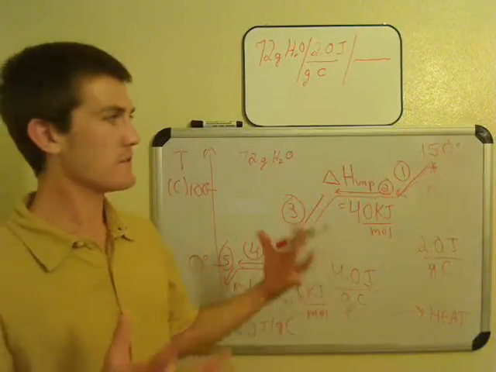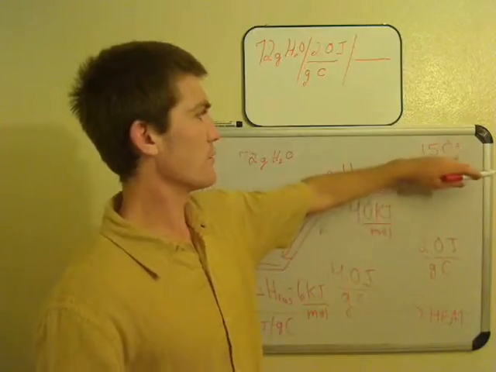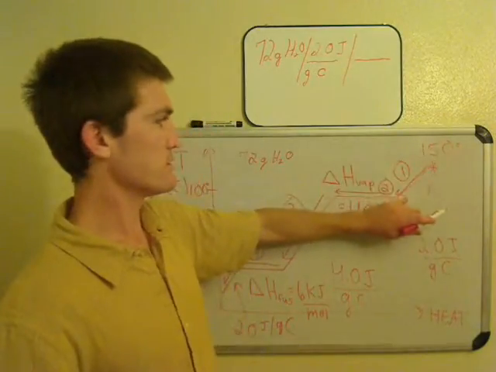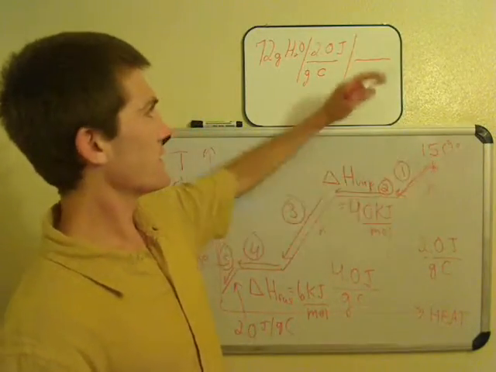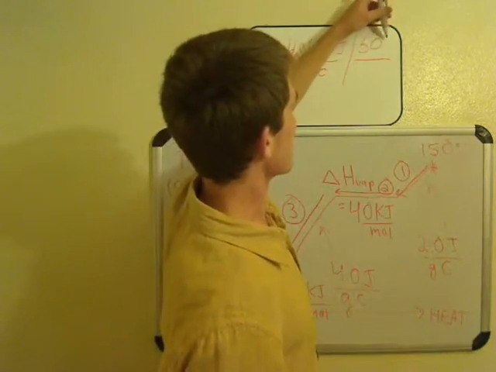The temperature we multiply by is 50 degrees Celsius, because we're lowering the temperature from 150 to 100 degrees.